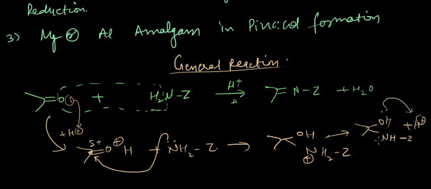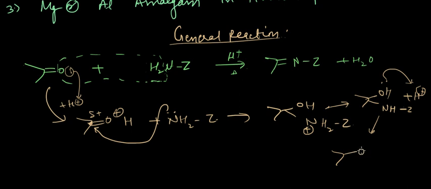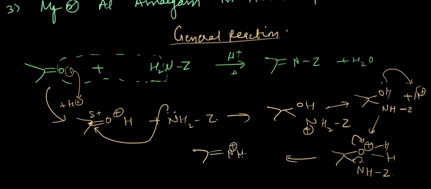Then the oxygen atom from the OH attaches H towards itself, and we get something like this. This gets detached. The lone pair gets into the double bond between the nitrogen atom and the carbon atom. We'll get something like N plus HZ plus H2O.